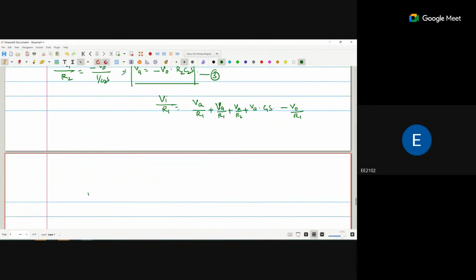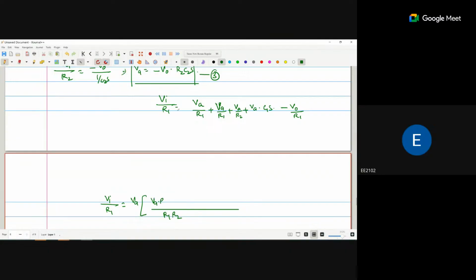So Vi by R1 is equal to VA; I take the LCM R1R2.